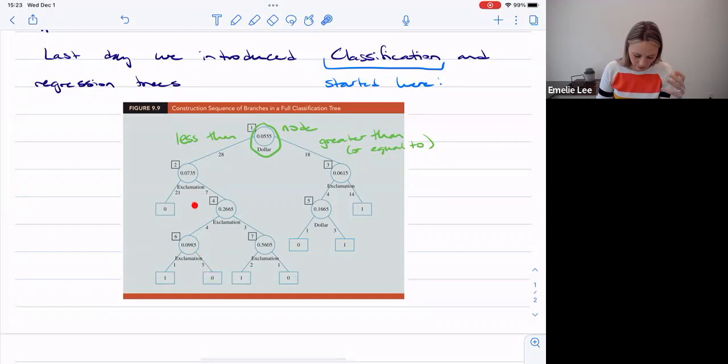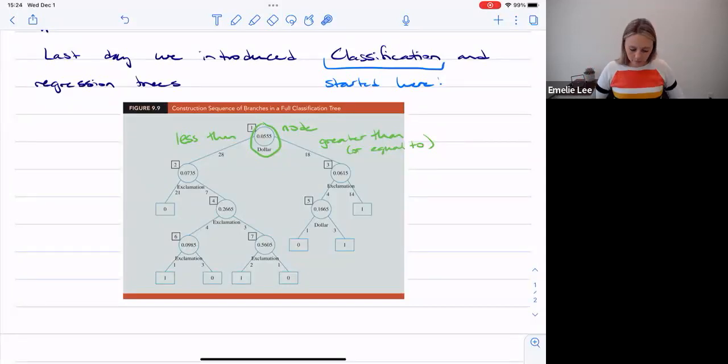So these branches are a little bit longer, and same thing if there are more than 0.0555 as a proportion of dollar signs. Then if there are more than 0.0615 exclamation points, we classify those as a 1 because 14 of those are all ones. We've been able to capture all that information with those two branches.